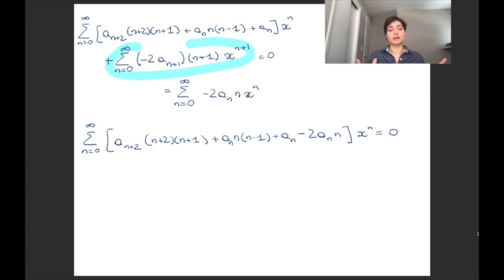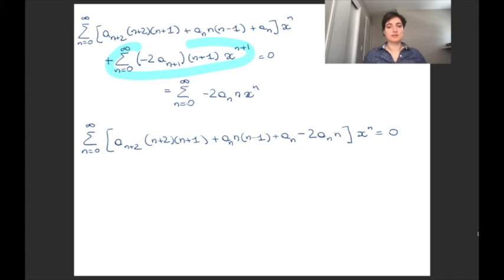Remember, you can do that only if the indices of the sum are going from the same value to the same value, in this case 0 to infinity, and if they correspond in the same way to the power of x, in this case x to the n.